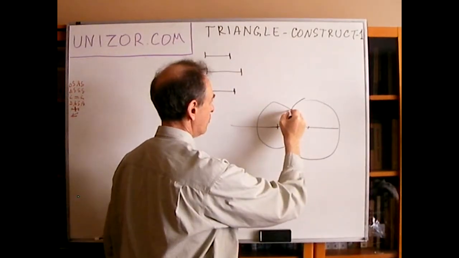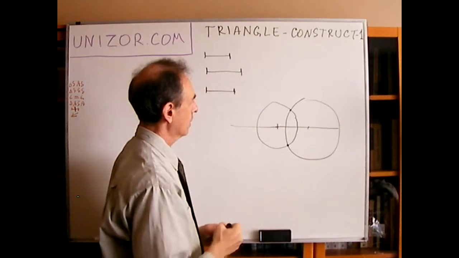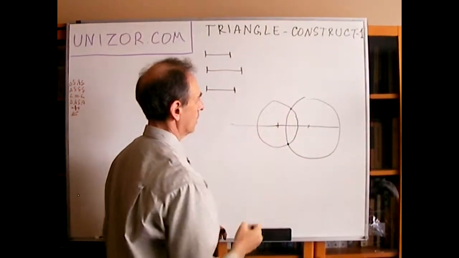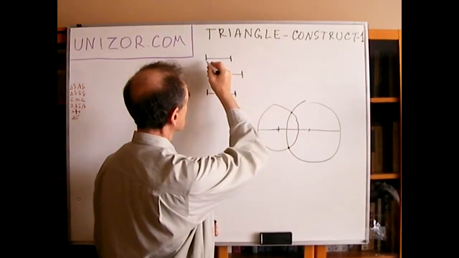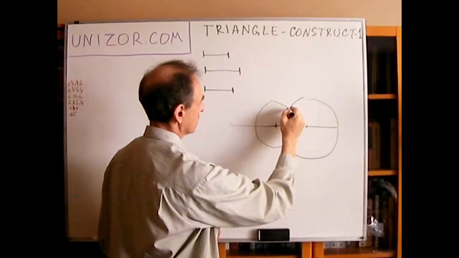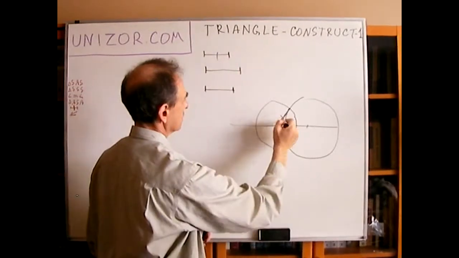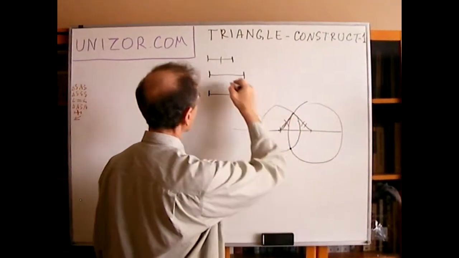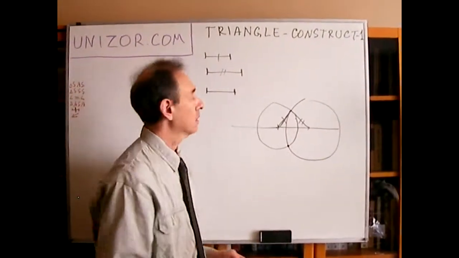Now, we have 2 points where these circles are crossing. Well, obviously, since circle is the locus of all the points distanced from the center on a radius, then this segment is obviously congruent to this one, and this segment is congruent to this one, because that's how we built it, right?